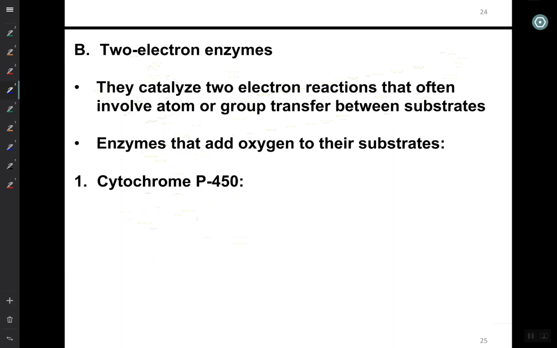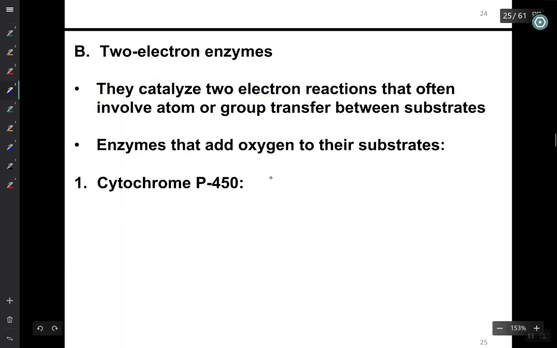Cytochrome P450 is a class of enzymes that we classify based on their absorption at 450 nanometers. That's due to the heme group that they have.